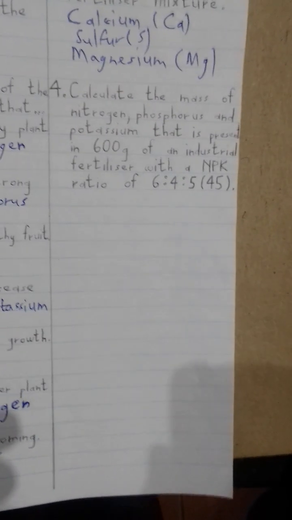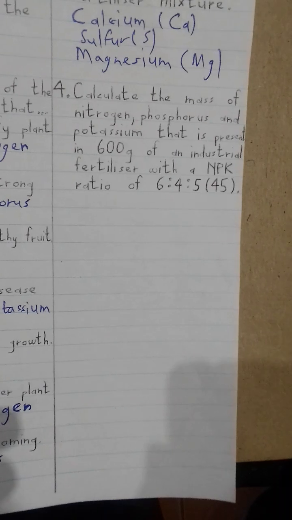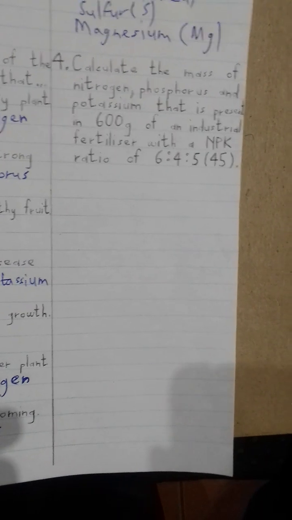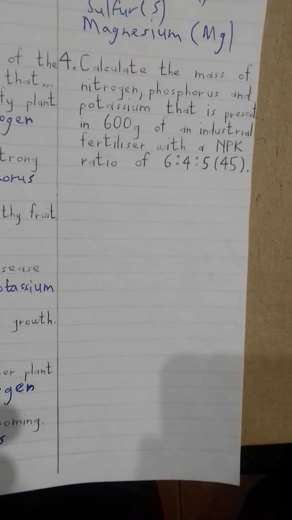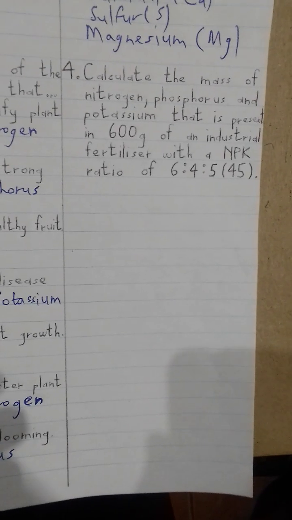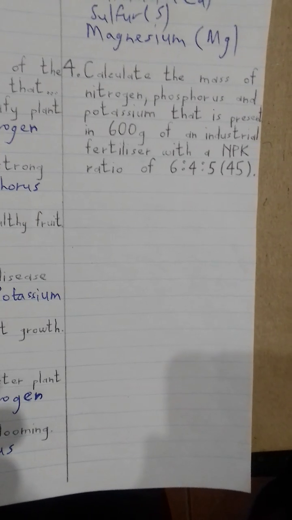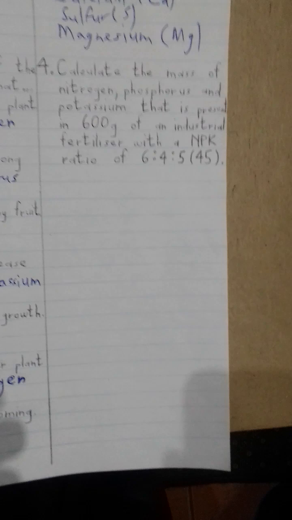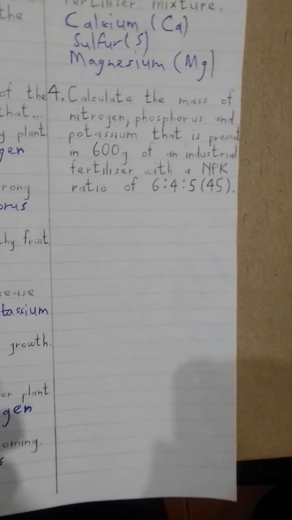Number 4 states, calculate the mass of nitrogen, phosphorus and potassium that is present in 600 grams of an industrial fertilizer with a NPK ratio of 6:4:5. Then in brackets you have 45. Remember, the number in brackets indicates the mass that is fertilized.